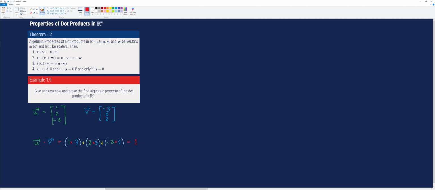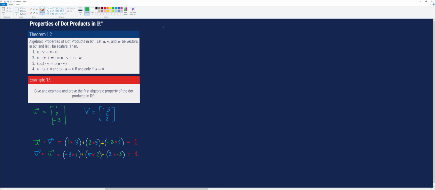If we solve the dot product of u and v, we get 1 as an answer based on our solution earlier. Then the dot product of v and u is negative 3 times 1 plus 5 times 2 plus 2 times negative 3, or negative 3 plus 10 minus 6, which is still equal to 1. This can be proven using the following statements.